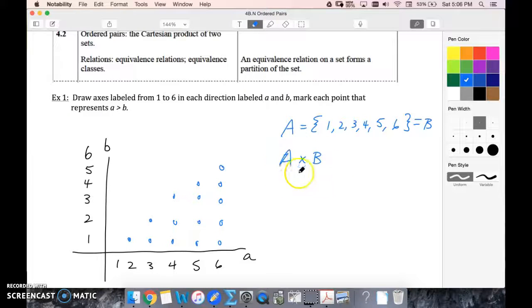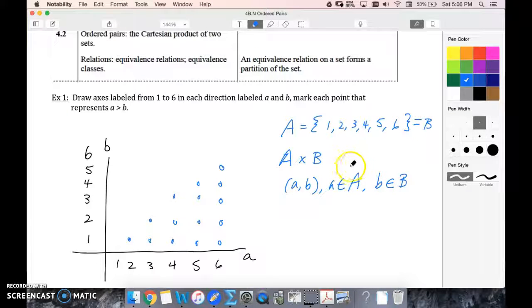So Cartesian product, I don't know if you've been told this before in your math classes, but when we look at our set of X and Y axes is what we normally call them, and that's the Cartesian plane. So here, A cross B is the Cartesian product, and that's going to be the set of all points A and B, where A is an element of set A, and B is an element of set B.